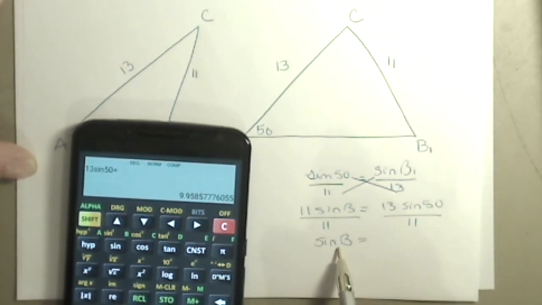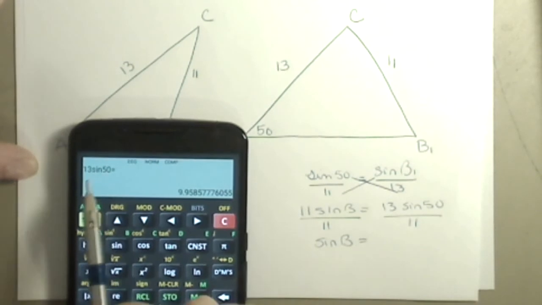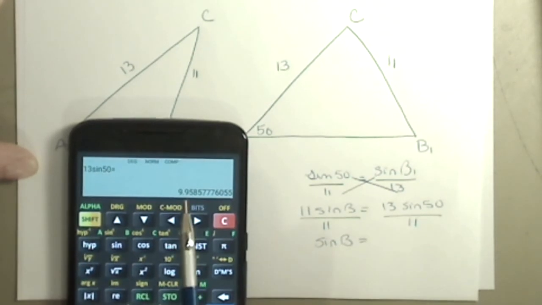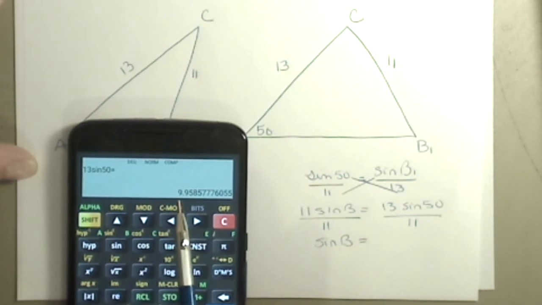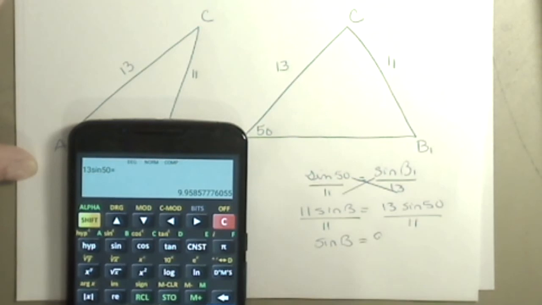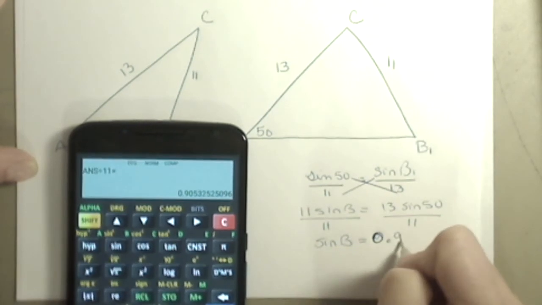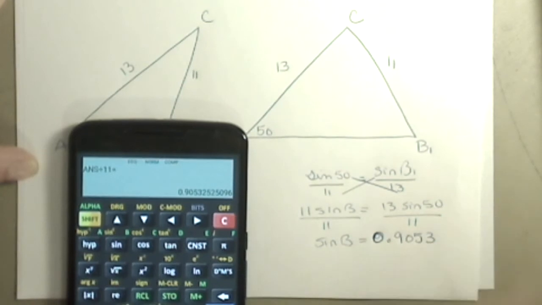Now since this is the sine of B, we should get something between 0 and 1. So the 13 sine of 50, I still have in my calculator from before where I did b sine A, is 9 point, I'm going to go to 4 decimal places instead of rounding it to 10, 9586. Oh, and I still have to divide it by 11 now, so I'm going to go ahead and divide it by 11 before I write it down. 0.9053.